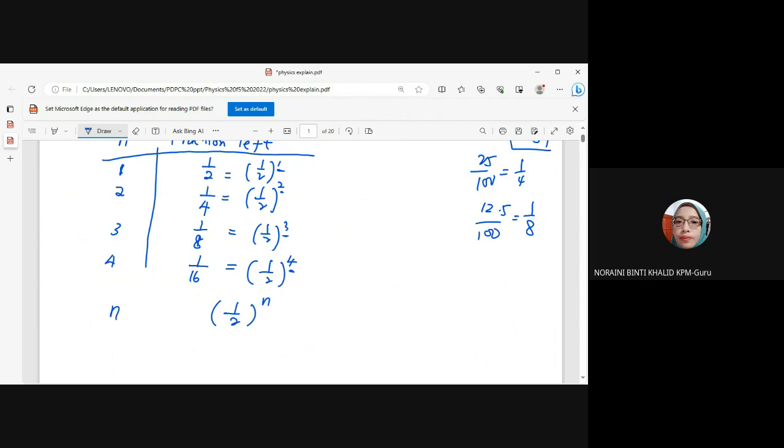Thus we can calculate the amount of nucleus or activity left, N. After n half-lives, it is the fraction left, half to the power n, multiplied by the initial activity. That's the reason why we get that. This is for n half-lives. Okay, I just show how to get the formula.